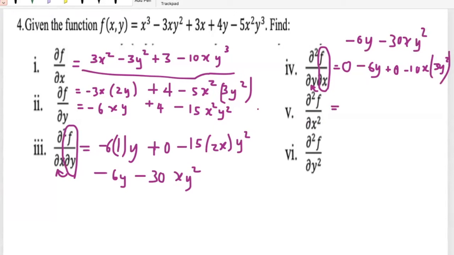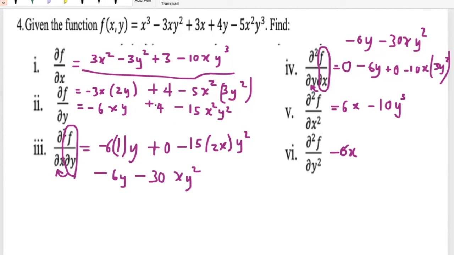Differentiate with respect to x twice. So going back to this, we differentiate x again. So this becomes 6x. And then this x becomes 1. So it's minus 10y cubed. This is saying differentiate with respect to y once more. So this y becomes 1. So 1 times minus 6x, that's minus 6x.